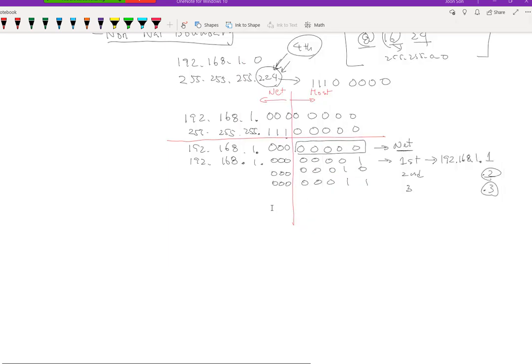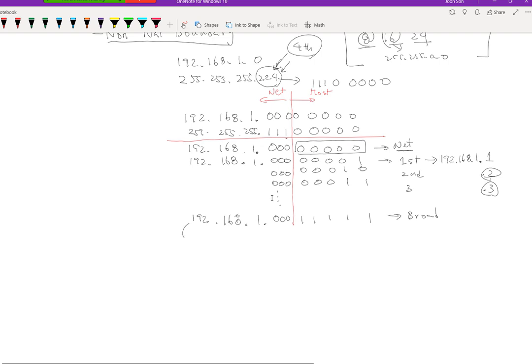Or like the last usable or something like that. So what is the broadcast address? The broadcast address is 192.168.1.000 and everything is 1 in the host portion. So that's the broadcast address.